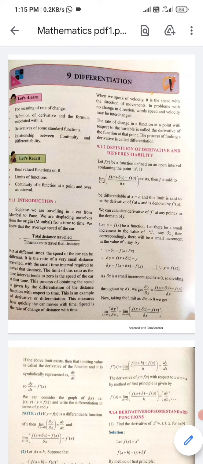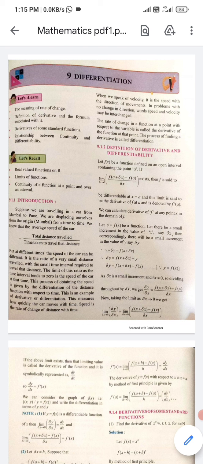Now here h is common. Limit h tends to 0, h into bracket nC1 x raised to n minus 1 plus nC2 x raised to n minus 2 h plus nC3 x raised to n minus 3 h square plus and so on plus h raised to n minus 1, upon h.